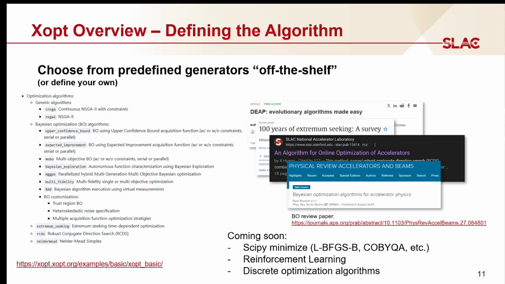Then there's the SciPy minimize interface. And so all these different interfaces are different, and it makes it difficult to connect those to simulation or experimental problems. So that's the first problem that we tried to solve: Xopt does not implement a single type of optimization algorithm. It incorporates all of these different ones under the same framework.